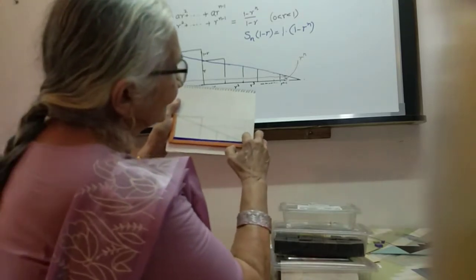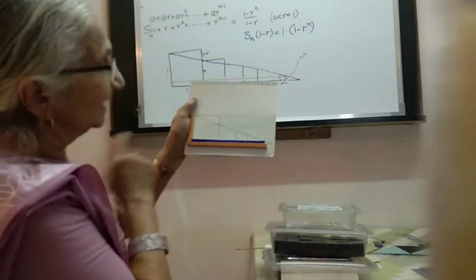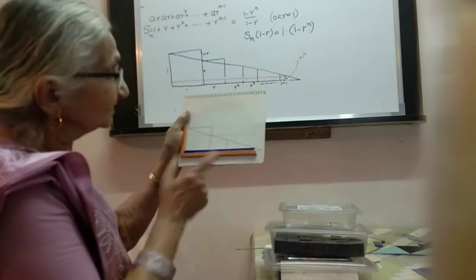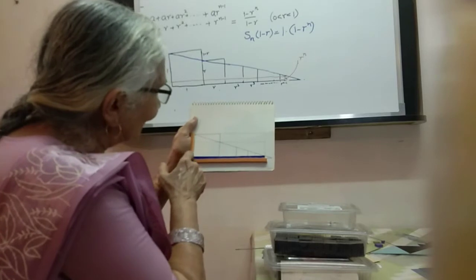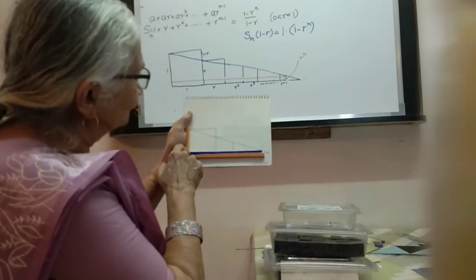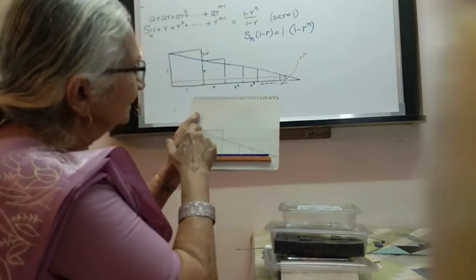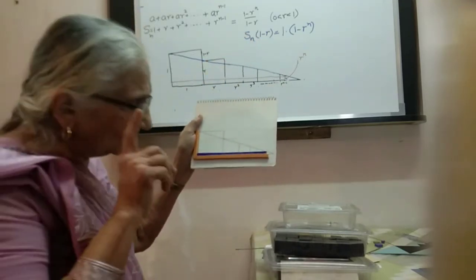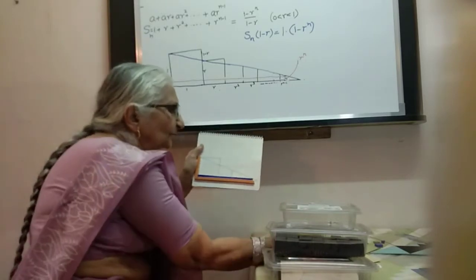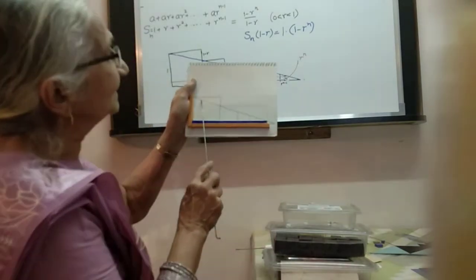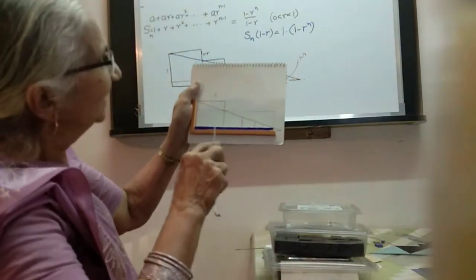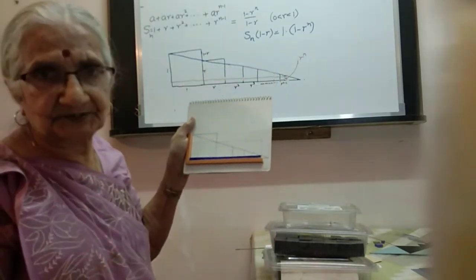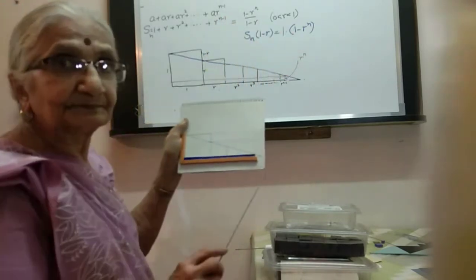This r raised to n, the last height, we are removing, and we shall consider only this upper rectangle. Why? Because now you have 1 minus r raised to n up to this view. This is 1, and that takes care of the right hand side. In other words, we now want to prove that the rectangular strip at the top and the rectangle on the left have equal areas. Then we are done.